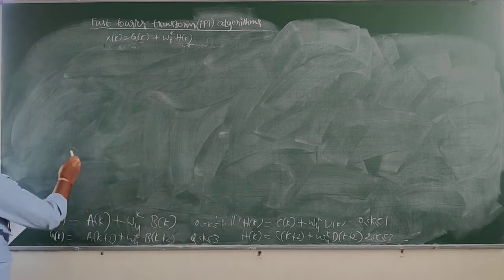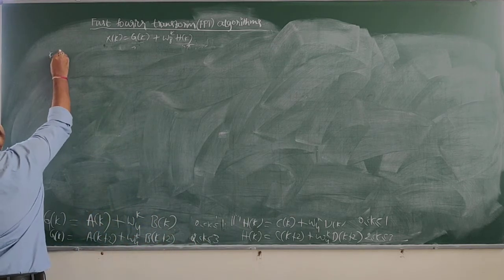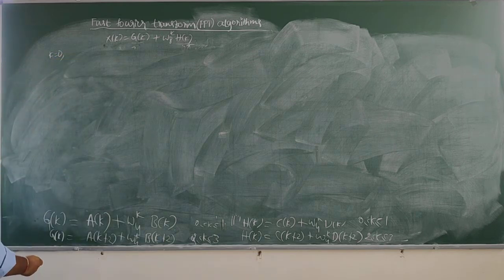First put k is equal to 0 in this equation.